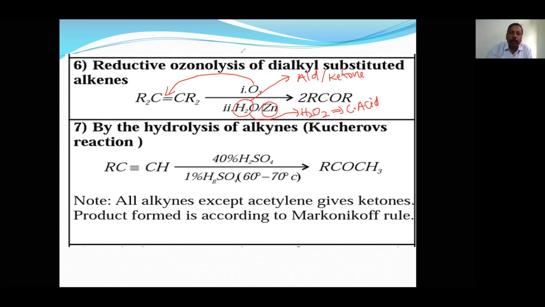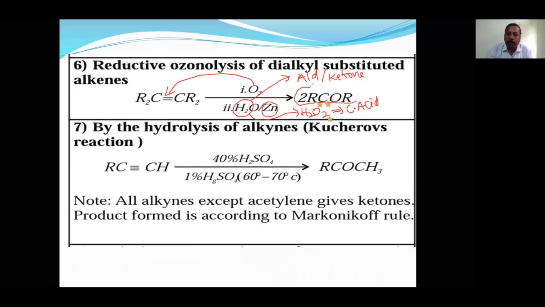It's a very small change. People don't observe it in the reaction, but it is very, very important. This is not reductive ozonolysis. H2O2 gives carboxylic acid, while H2O gives aldehyde and ketone. This product I am talking about.